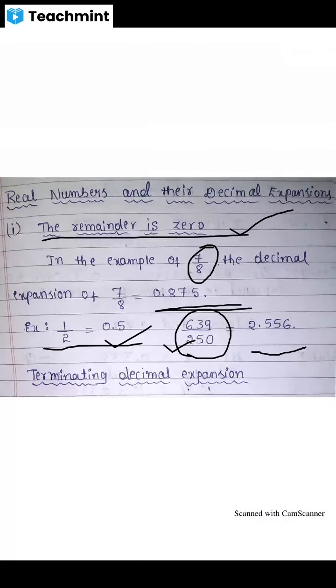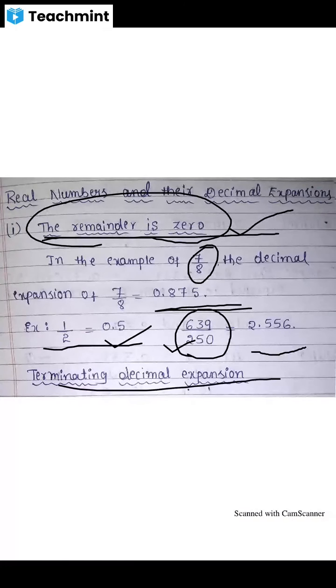In all the above examples, what we are observing is that the decimal expansion ends and the remainder is 0. When the remainder is 0, the decimal expansion ends for certain values. What we call that type of decimal expansion is terminating decimal expansion. This is the first type.